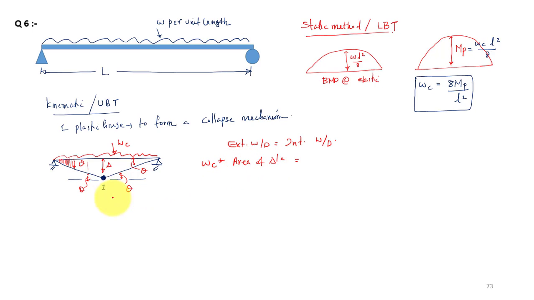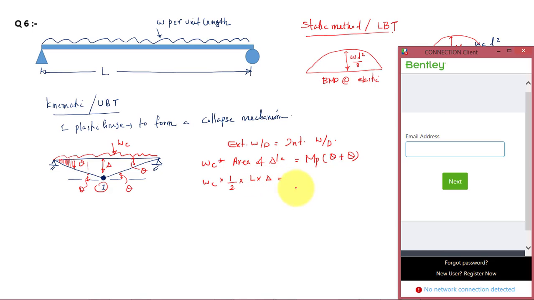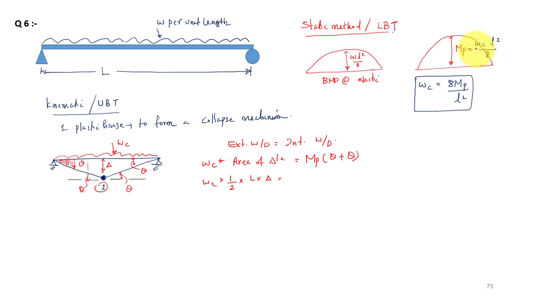And the internal work done: we have one plastic hinge only. So your internal work done is MP into theta plus theta. Your external work done is WC multiplied with half into L into delta, and MP into theta plus theta, which is nothing but 2 MP theta.